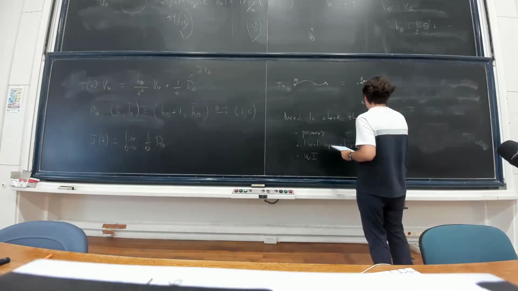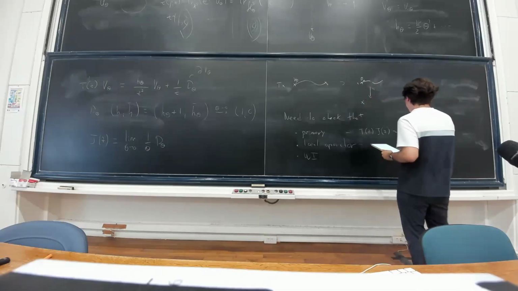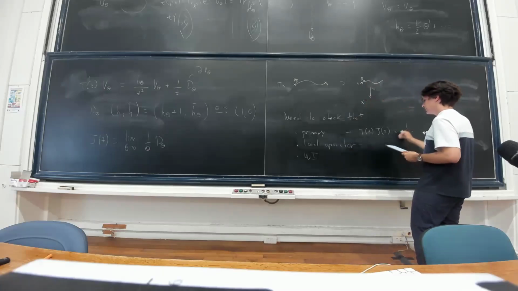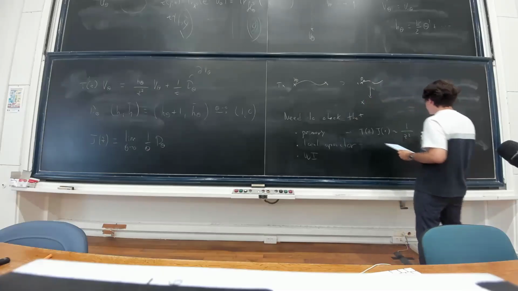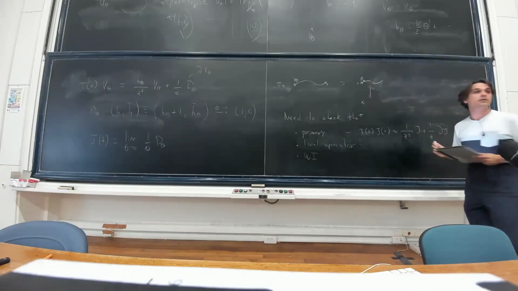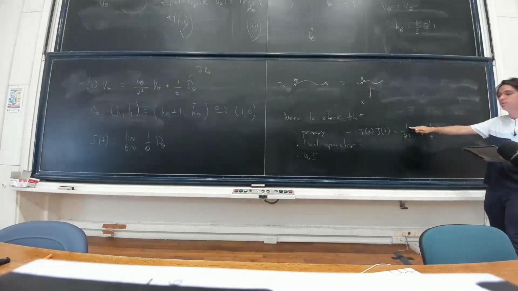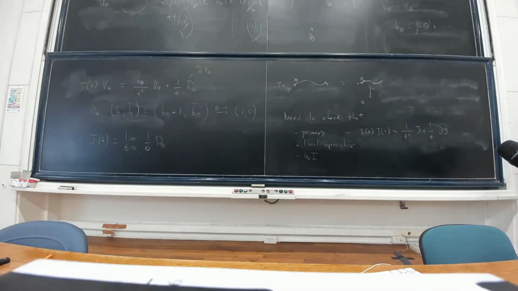So you just get the expected form. So this is like z squared J plus 1 over C J, which is just the OPE for a conformal primary with dimension 1.